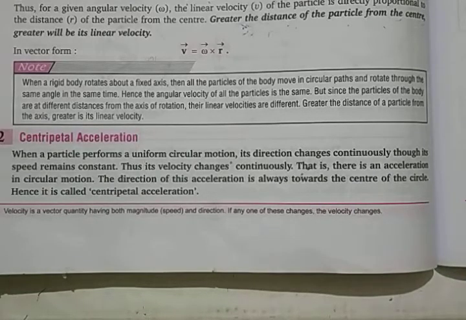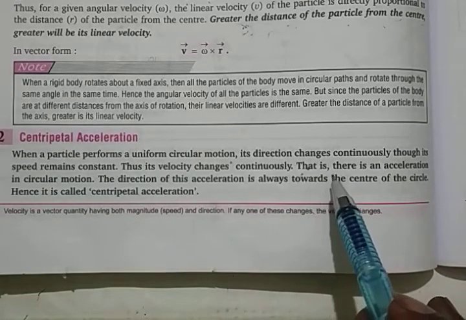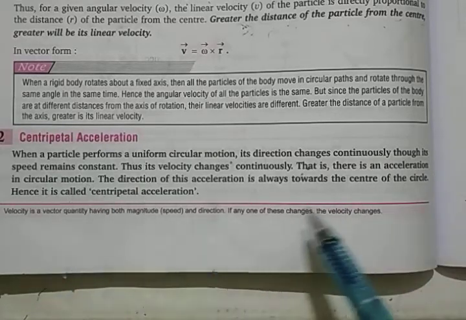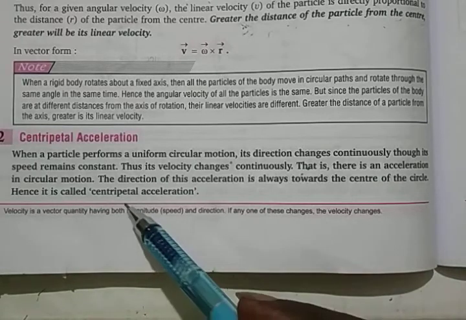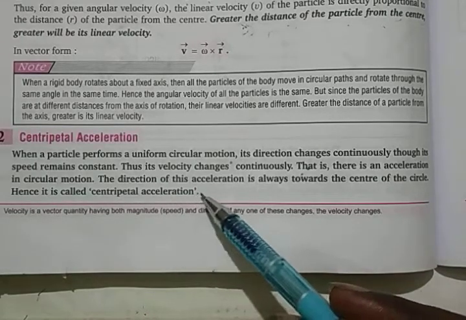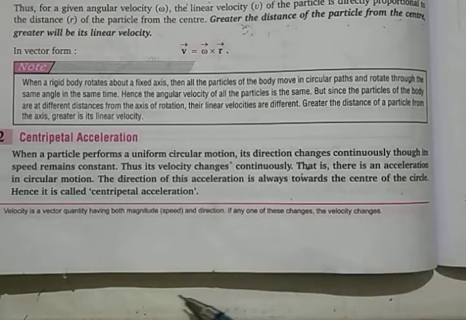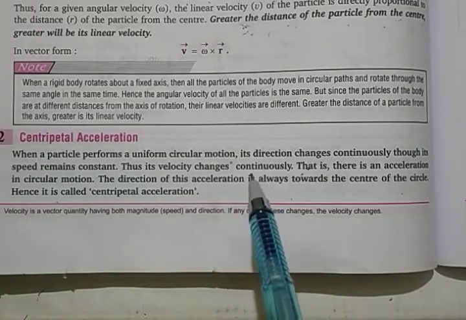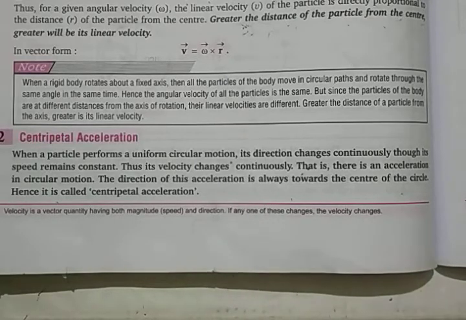Thus, its velocity changes continuously, and that means there is an acceleration in the circular motion. We already saw that. The direction of the acceleration is always towards the center of the circle. This is called centripetal acceleration. So what do you mean by centripetal acceleration? Whenever a body moves in a circular motion with a uniform speed, that acceleration is called centripetal acceleration.